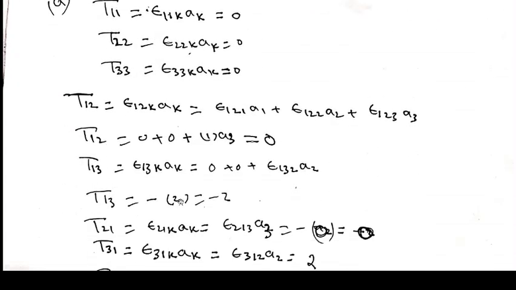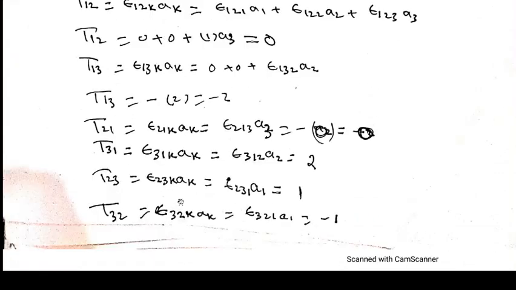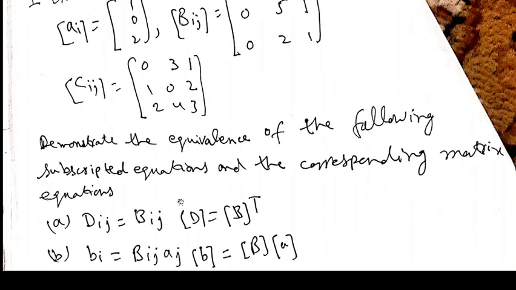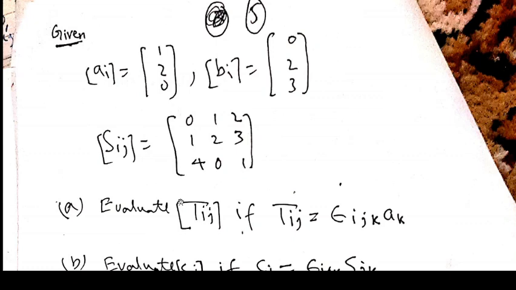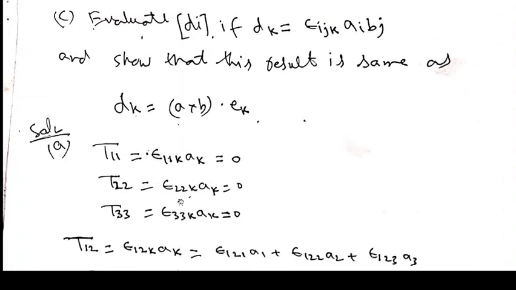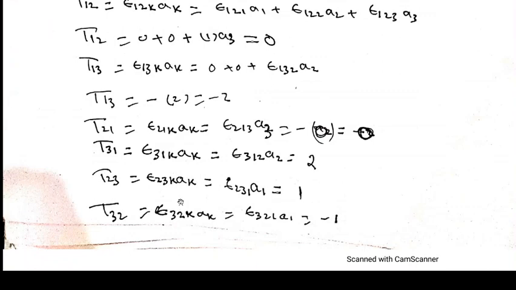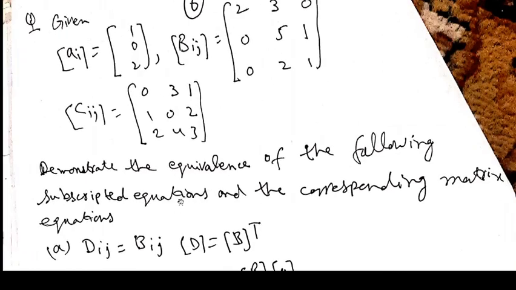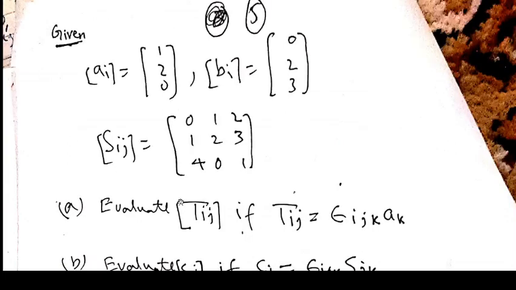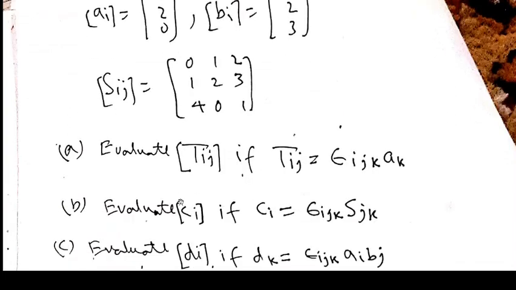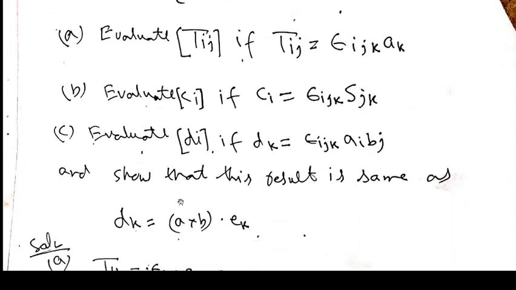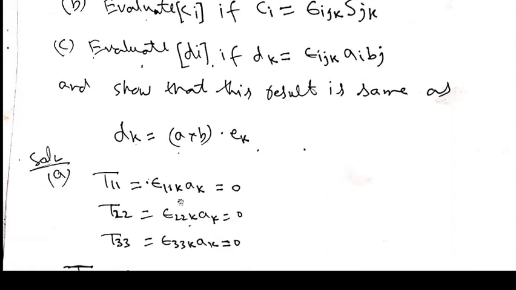Similarly T13, T31. After finding these 9 components, you have the matrix Tij, which I did not write. You can write this matrix T and do part B and C.